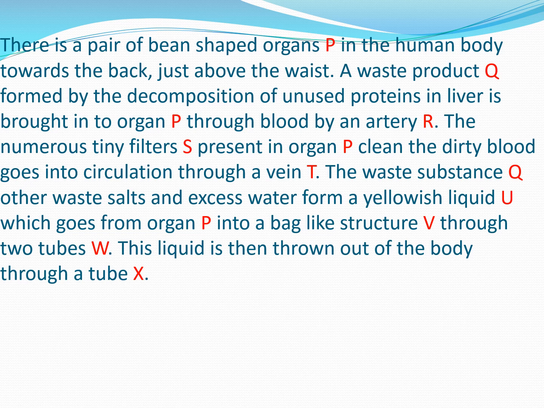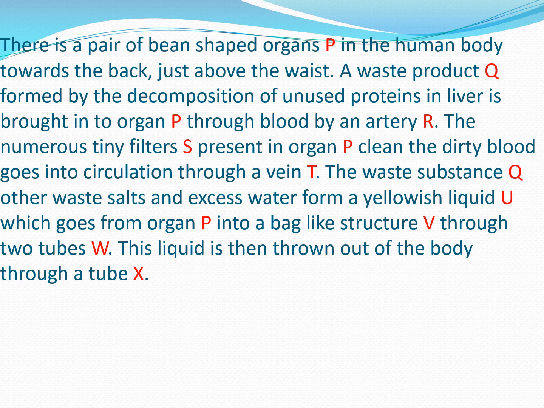So V is urinary bladder through two tubes W. From each kidney a tube arises, that is called ureter. So two ureters from two kidneys will come and join the urinary bladder. So here U is urine, V is urinary bladder, W are ureters.